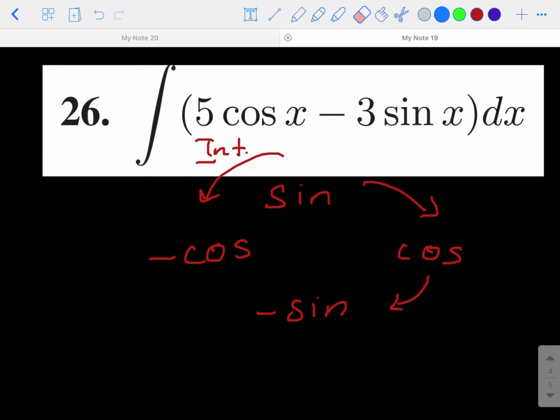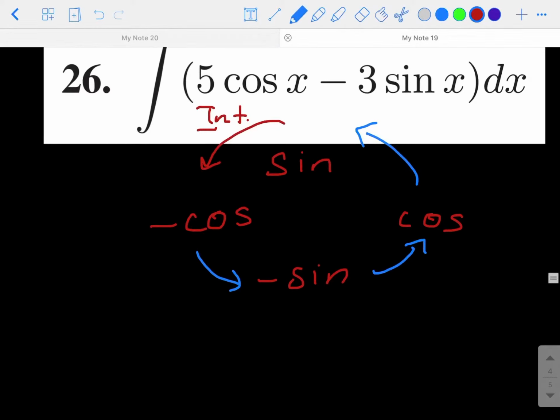So let me erase this and follow the flow of the arrows if we're talking about integration, so like this. The integral of cos, this is my starting point, but then I need to go 1 to the left.